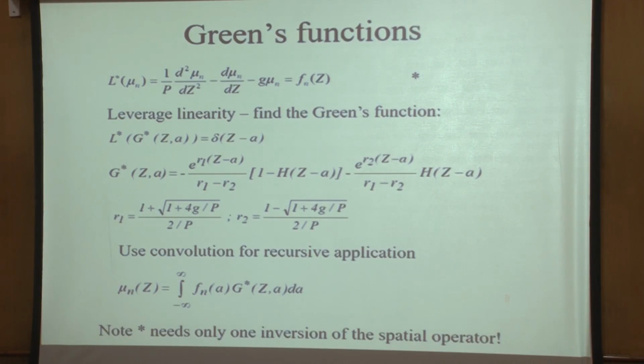Notice that for any order moment, only the right hand side was changing. Okay. So what Green's function says is, if only the right hand side is changing, this part remains the same. Once I have found the Green's function, for any other right hand side my solution is simply the Green's function convoluted with the right hand side. Okay.